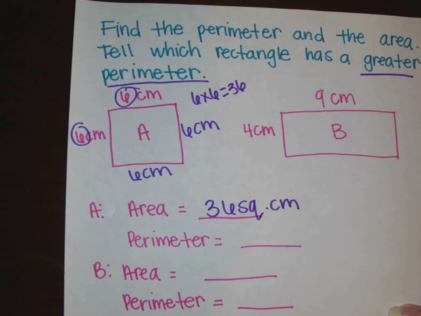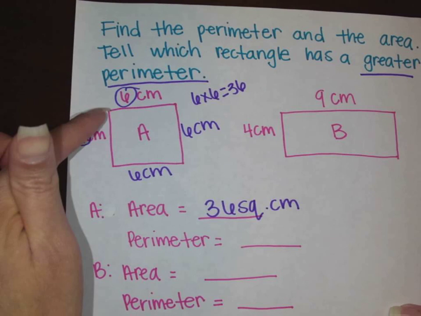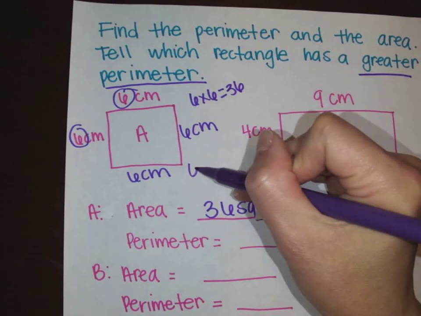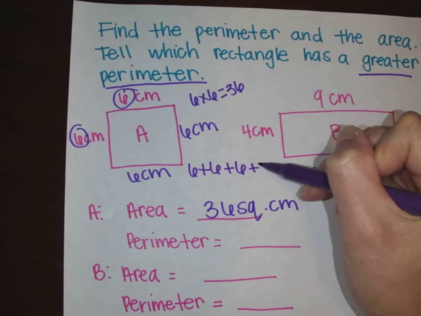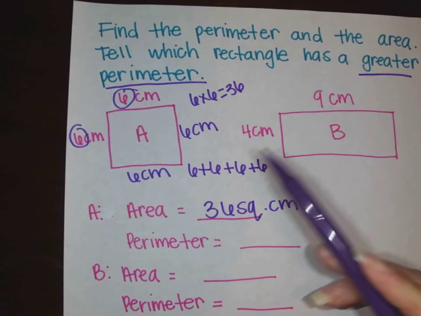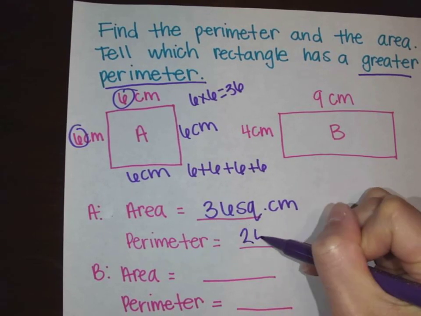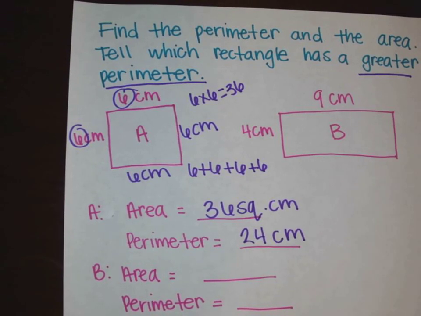All right, let's look at perimeter. We know perimeter, we're going to add all the way around this figure. So basically 6 plus 6 plus 6 plus 6 centimeters is 24. 24 centimeters, right? So that's perimeter.